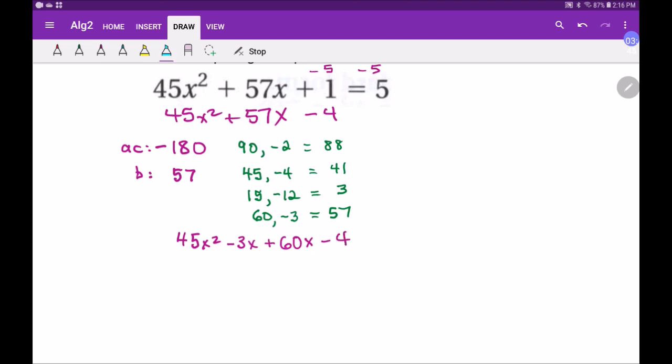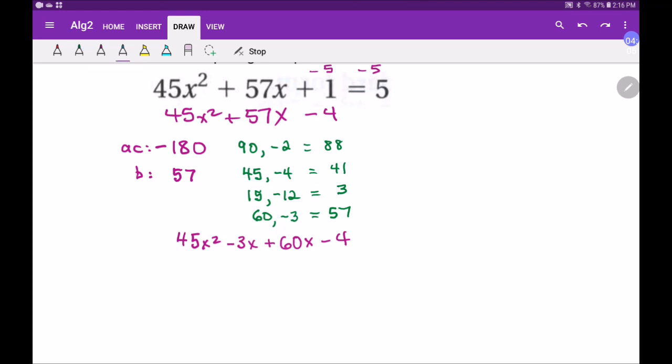So just to review, the 45x squared and the minus 4, they stay the same. Okay, you see that? They stay the same. However, the middle term, positive 57, is the same thing as negative 3 and positive 60, right? I just rewrote it in a way that's going to be helpful to me, based on this trick that I have for AC.